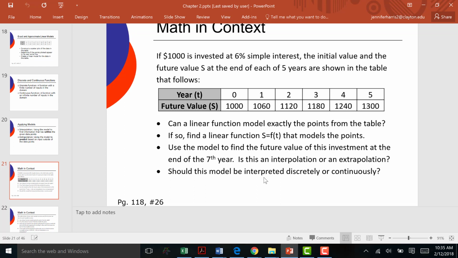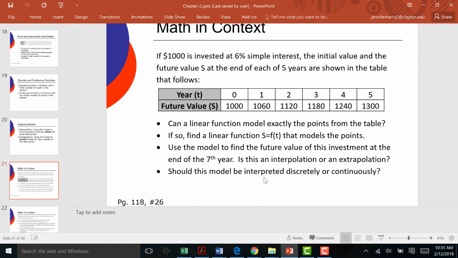All right, bullet number 3. Use the model to find the future value of this investment at the end of 7 years. What should I do? Okay, so I want to know how much money is going to be in my account, not 5, 6, but 7 years later. Tell me what to do now.